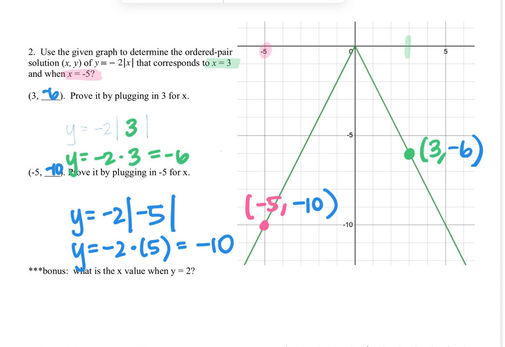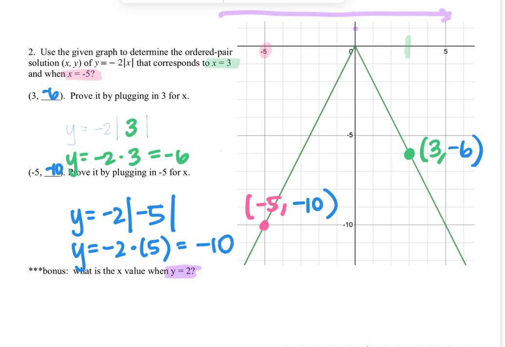So then they give like a bonus round, and they said, well, what would happen when y is equal to 2? So we need to go and do that line of y equals 2. And I know it's not really on here. Here's y equals 1. So y equals 2 would kind of be up there. And if you look, there's no graph there.